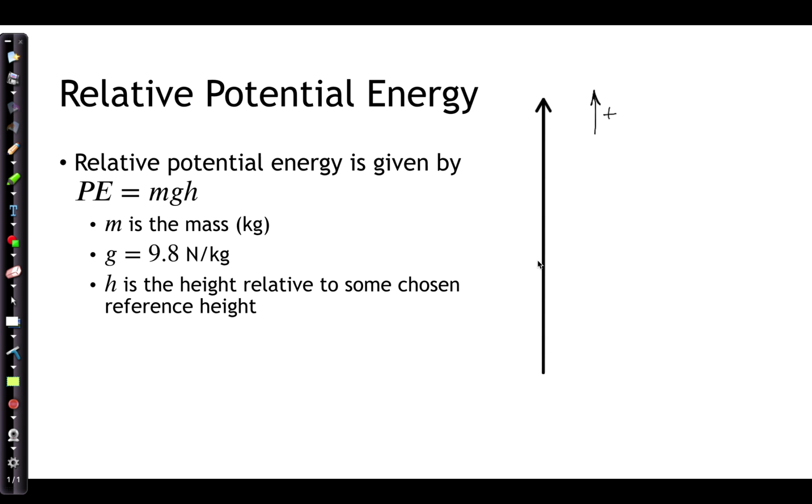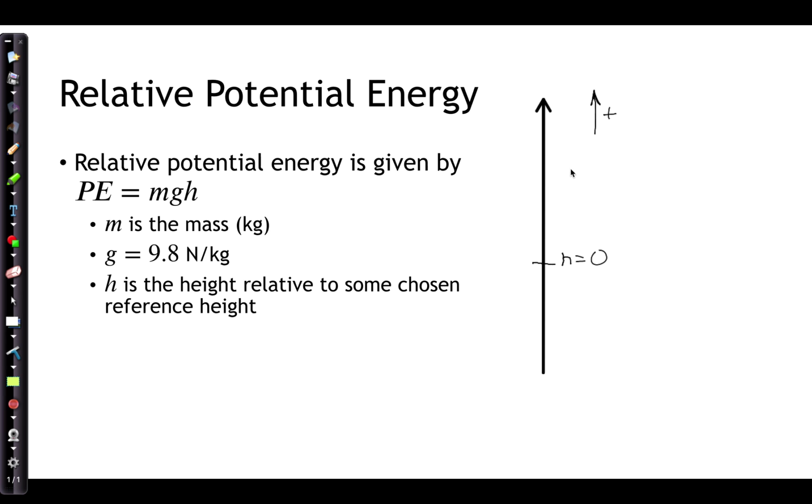And in order to fix this axis, to define it properly, you need to define some level that is the zero height. So we're going to call that 0, h equals 0. You can really choose any height you want. It's kind of a matter of convenience, but I'll just place it there on this diagram.